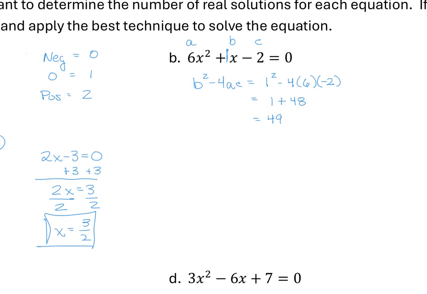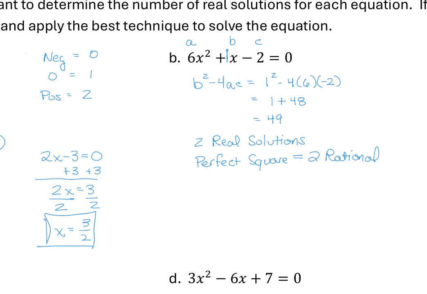And so again, because we get a positive number, this is 2 real solutions. Because it is a perfect square, we can even go further than that. These are going to be 2 rational solutions.